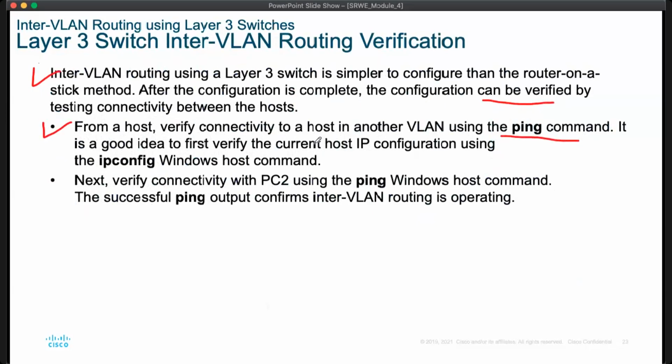It is a good idea to first verify the current host's IP configuration using the ipconfig Windows host command. Next, verify connectivity with PC2 using the ping Windows host command. The successful ping output confirms inter-VLAN routing is operating.